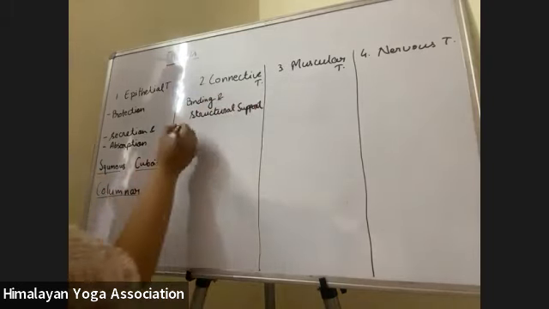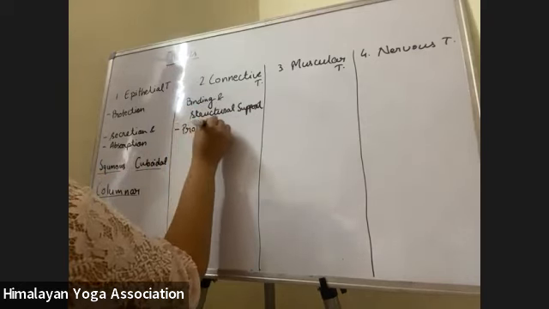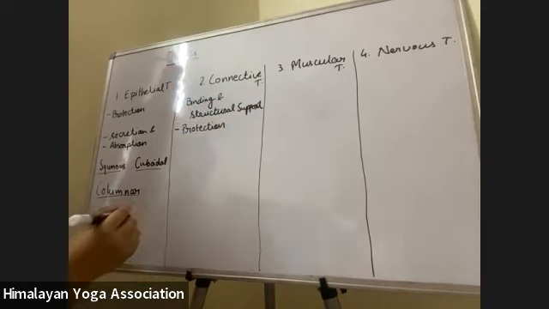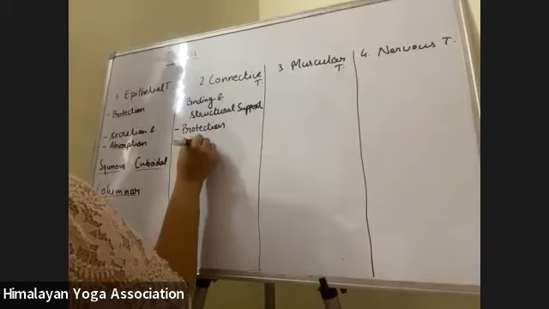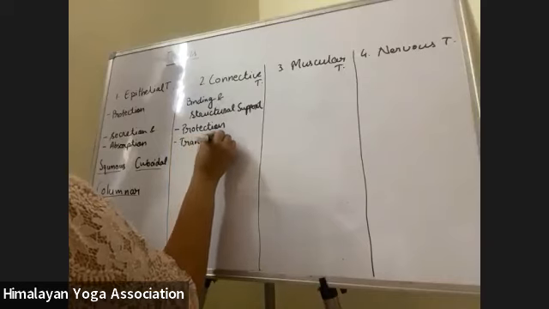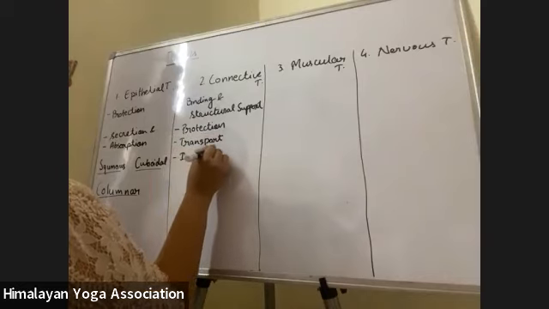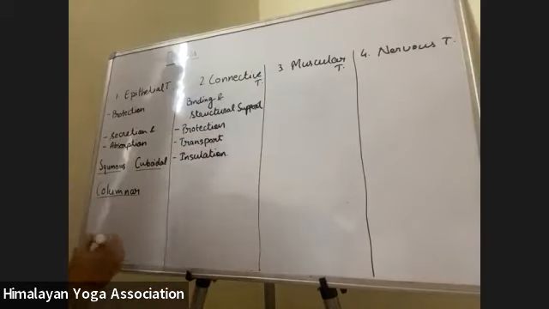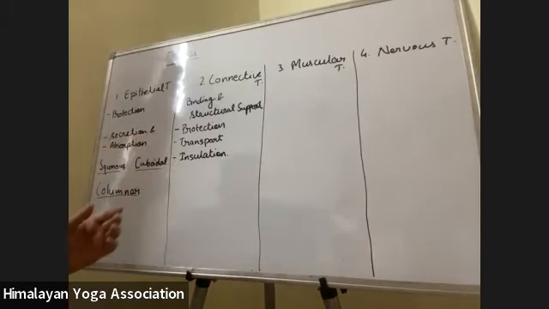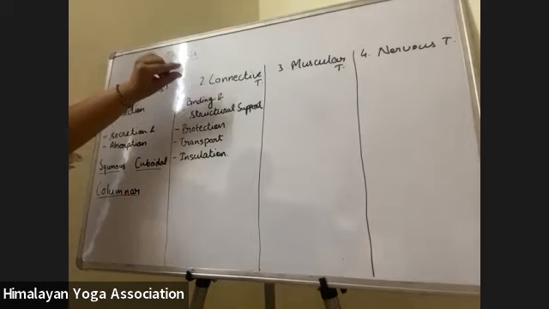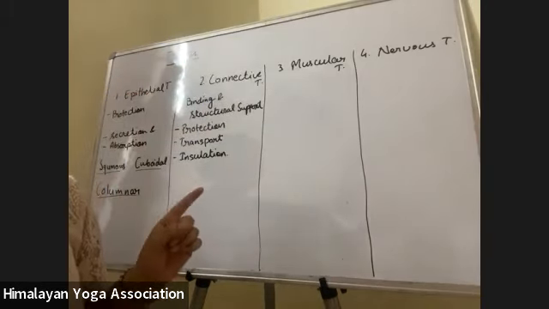Also, it gives protection, transport, and insulation. Blood is an example of connective tissue.